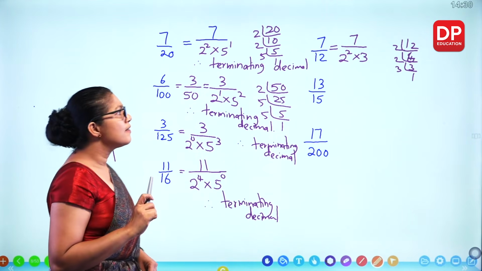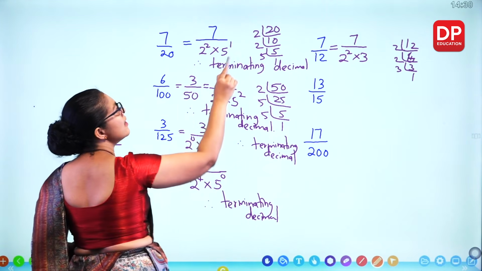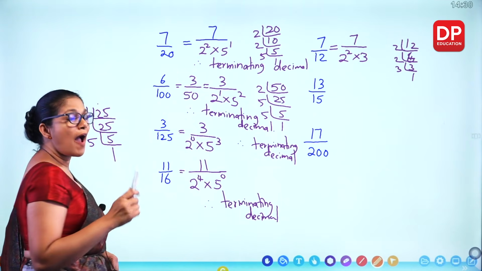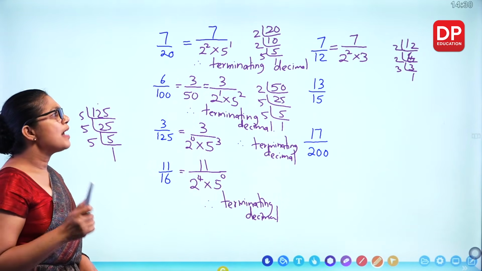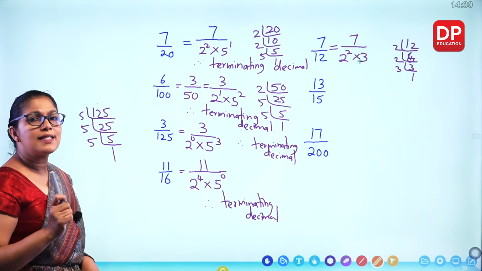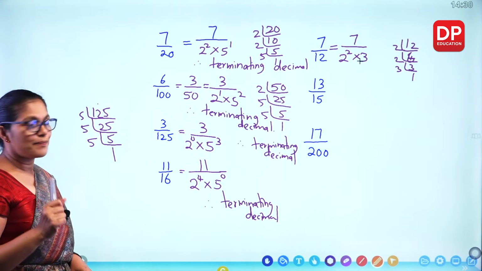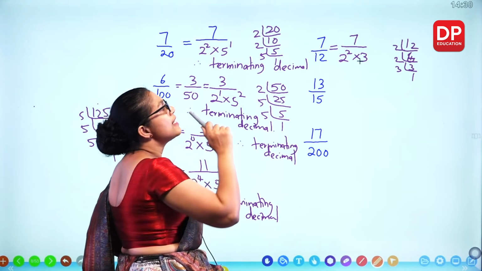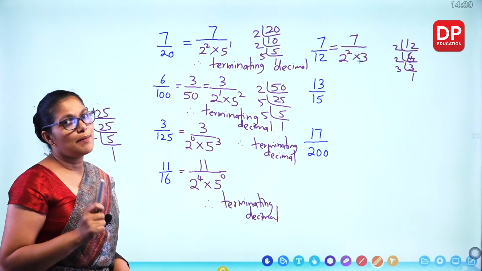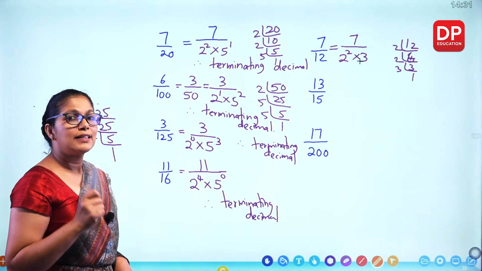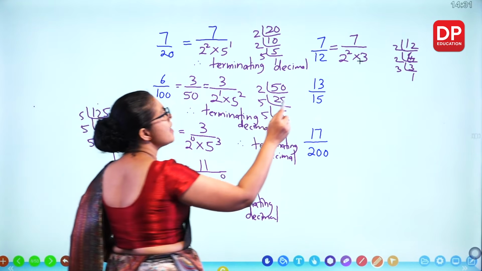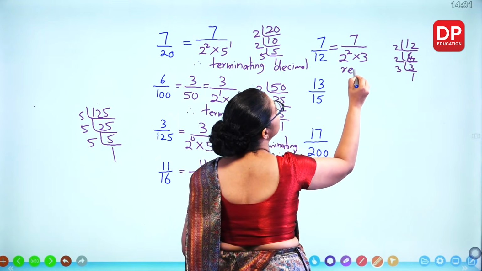Is that the form that we need? No, we need 5 to the power something. So now you get 3. That means this is not a terminating decimal. So what's that? This is a recurring decimal.